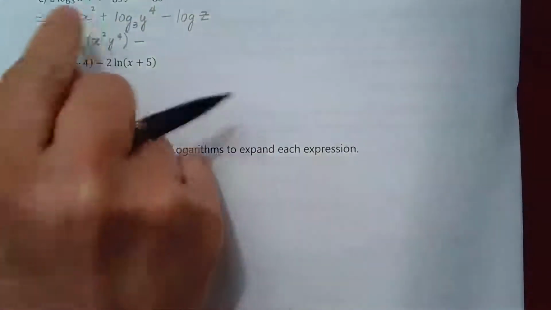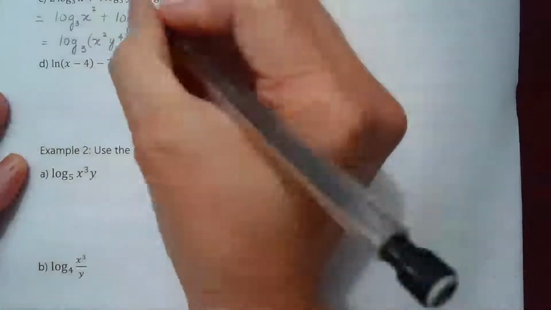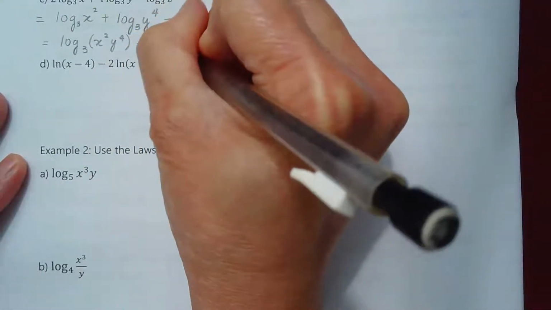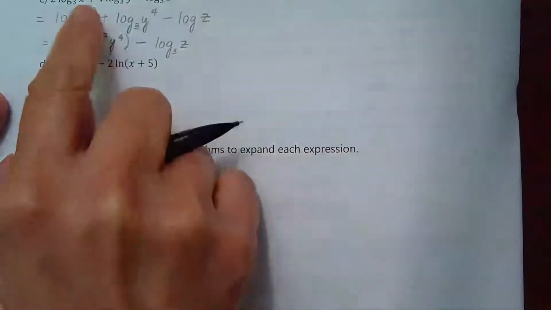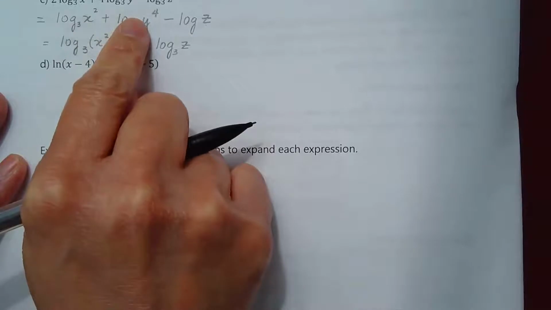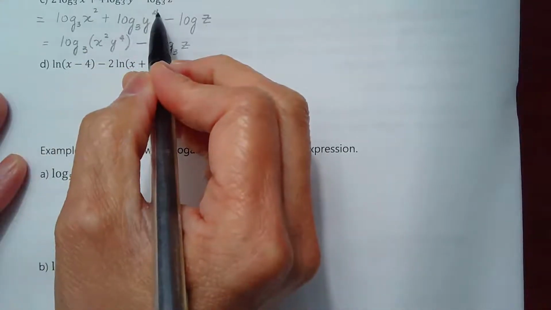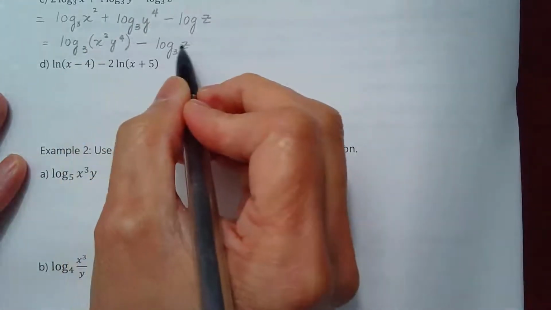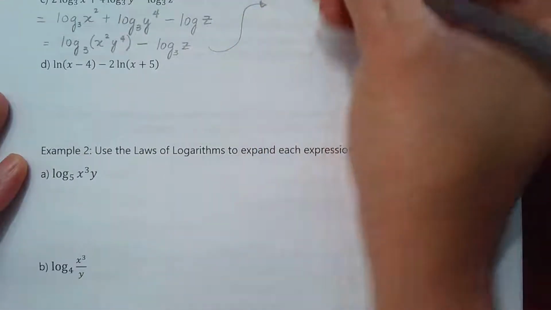I just want to let you know that I'm doing these two first, showing every single part of my work here. So I added these two, and if these two logarithms are added, that means we're multiplying x squared and y to the fourth, and then minus log of z base 3.